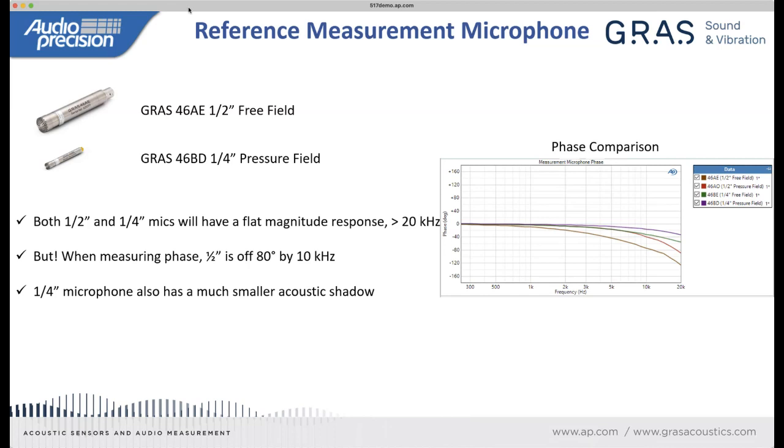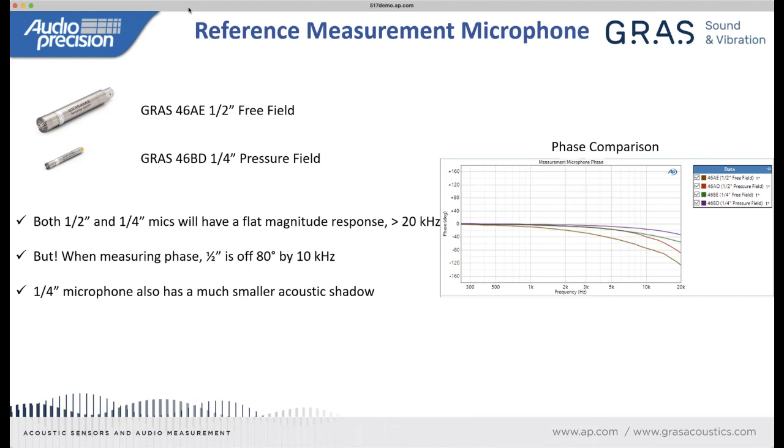What we're observing is actually the resonance of the microphone diaphragm itself. Practically speaking, the smaller the diaphragm, the higher the frequency to which the phase response is flat. So for today's exercise, I'm using a 1/4-inch pressure field microphone, because its phase is down just 30 degrees at 20 kilohertz. It's much flatter up to a much higher frequency.